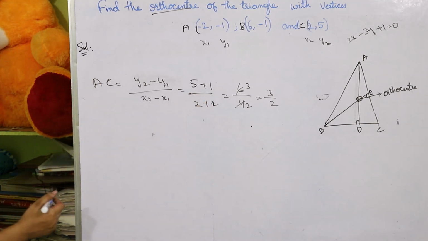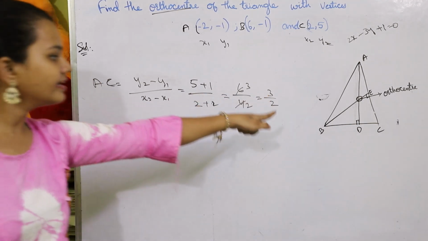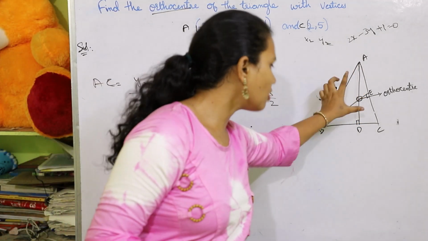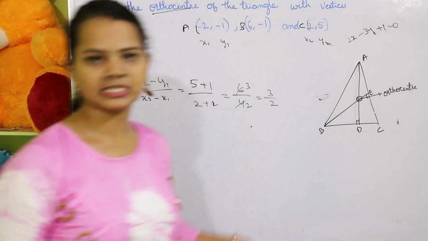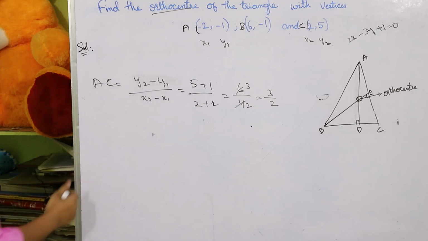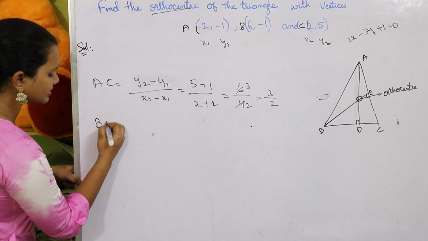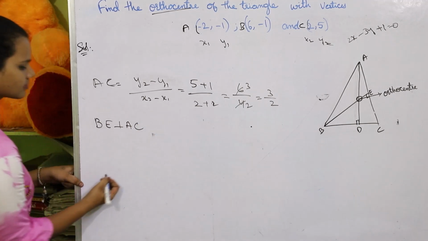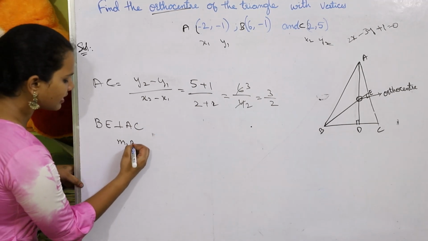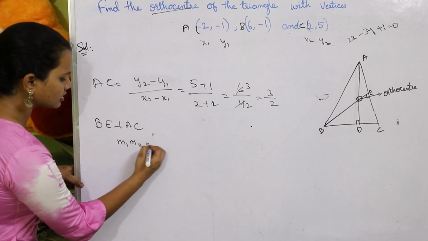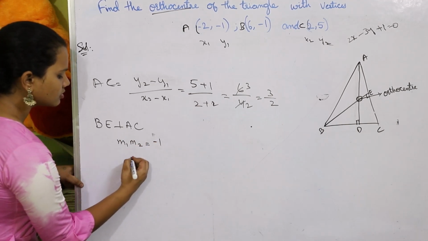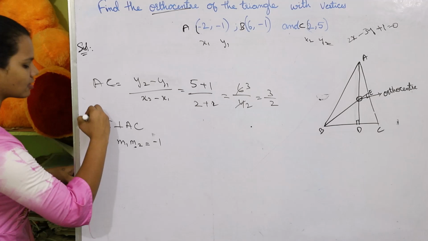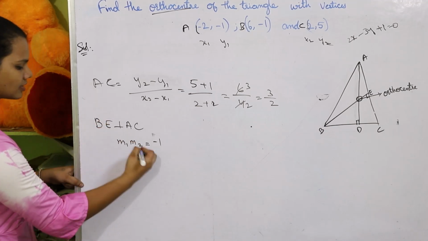Now guys, as you know, I got the slope for AC. Now I need the slope for what? BE. Okay, I need the slope for BE. Now to find the slope for BE, I can say BE is perpendicular to AC. Means here we will be getting a formula where m1 into m2 is equal to minus 1. Right? So I need to find m2 where m2 will be the slope for BE. Okay, slope of BE is equal to m2.